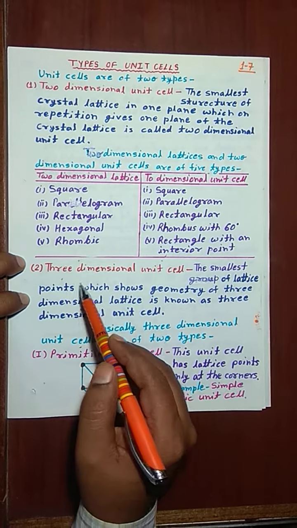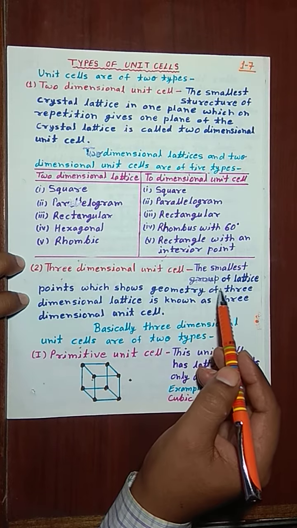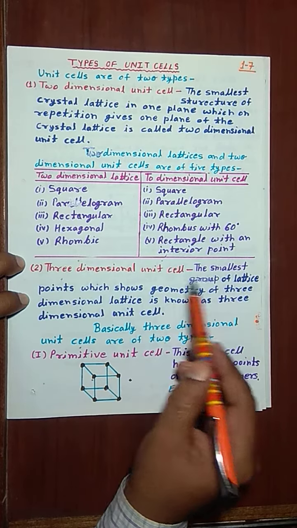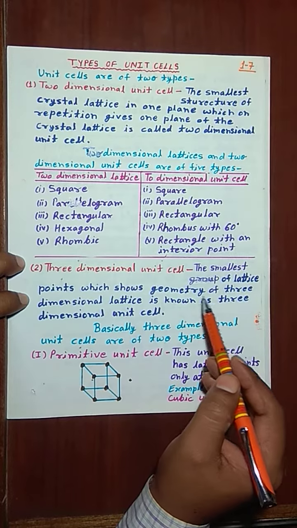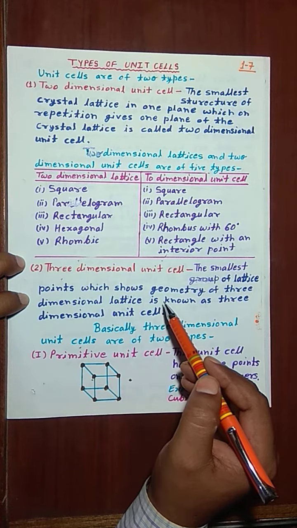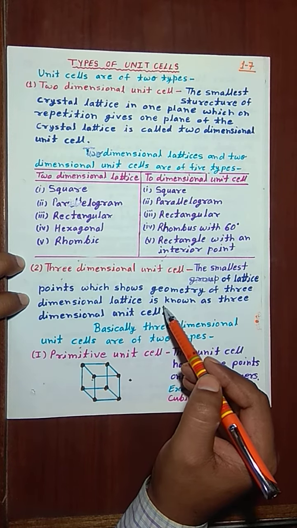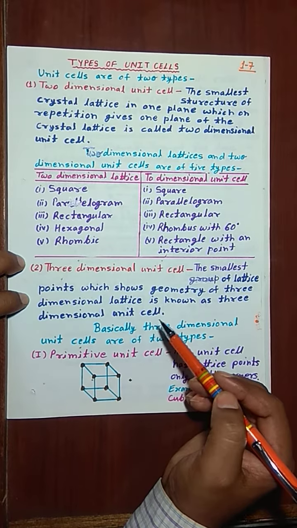And next is three-dimensional unit cell. The smallest group of lattice points which shows the geometry of the three-dimensional lattice is known as three-dimensional unit cell.